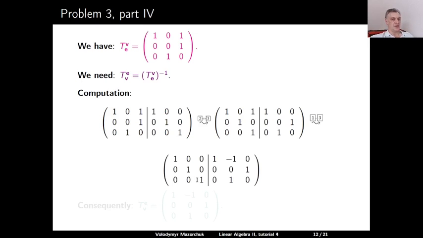Rows 2 and 3 remain the same, and row 1 becomes 1 minus 0 is 1, 0 minus 0 is 0, 1 minus 1 is 0, 1 minus 0 is 1, 0 minus 1 is minus 1, and 0 minus 0 is 0. So consequently, the transformation matrix from V to E is the matrix 1, minus 1, 0, 0, 0, 1, 0, 1, 0. This is the matrix which is on the right of this computation.